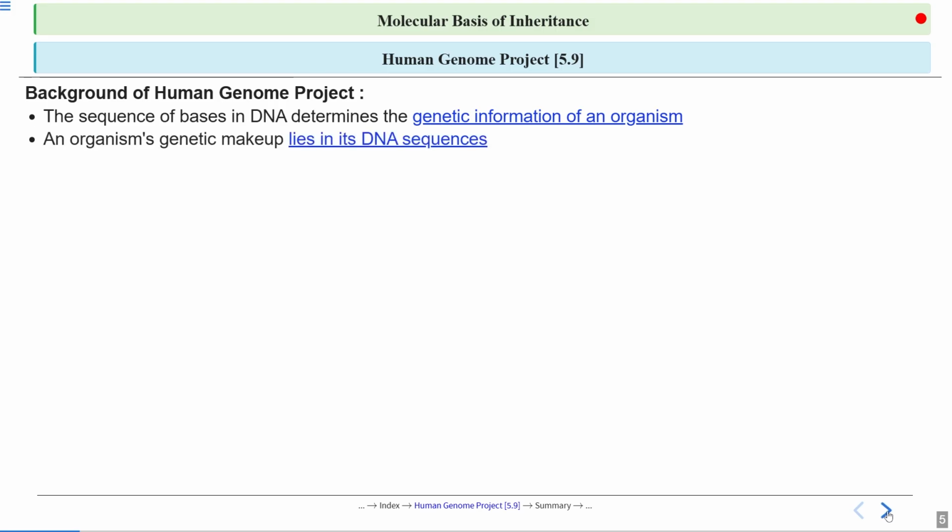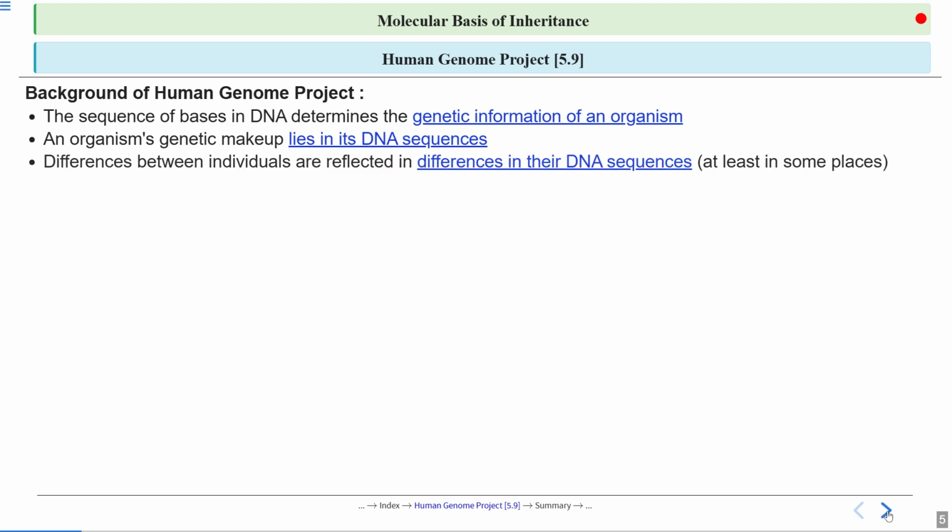An organism's genetic makeup lies in its DNA sequence. So it's all about the DNA sequence. Differences between individuals are reflected in differences in their DNA sequence, at least in some places. Just as we can differentiate between individuals, we can also decide on the basis of the difference in their DNA sequence.